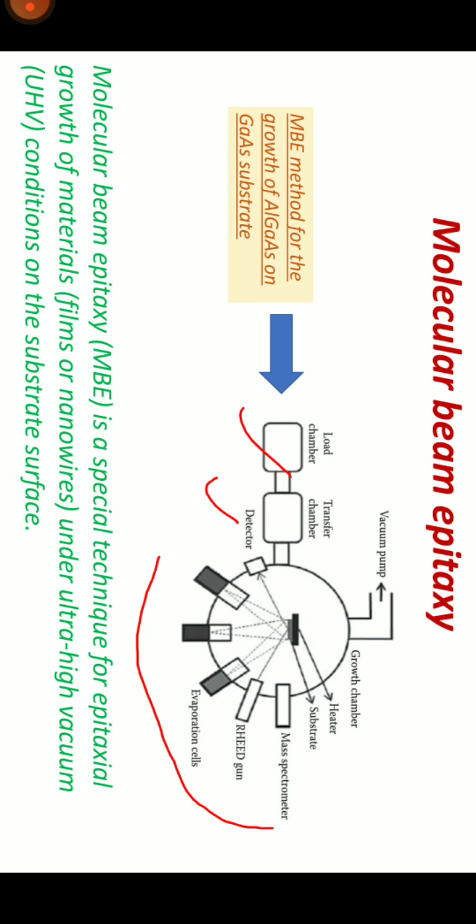The RHEED, that is the reflection high energy electron diffraction gun, is used to monitor the growth of the product.